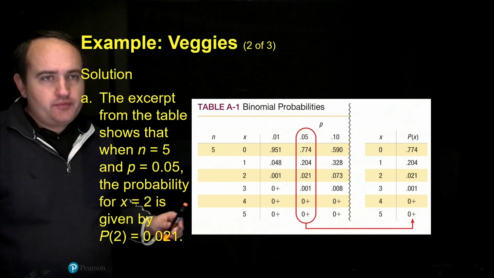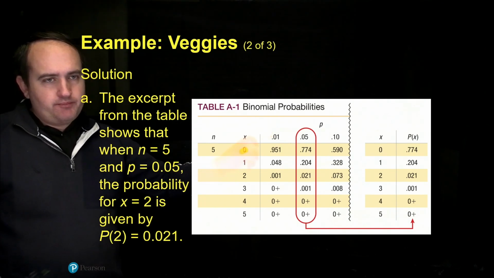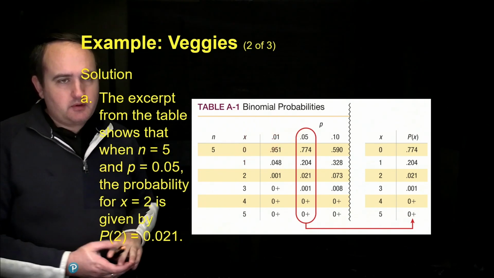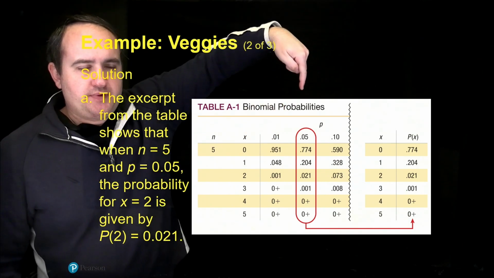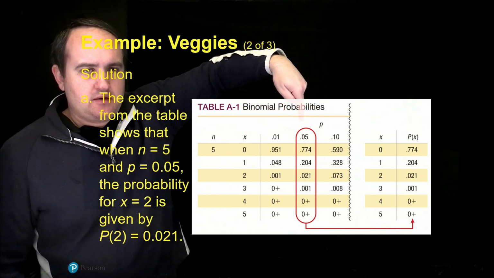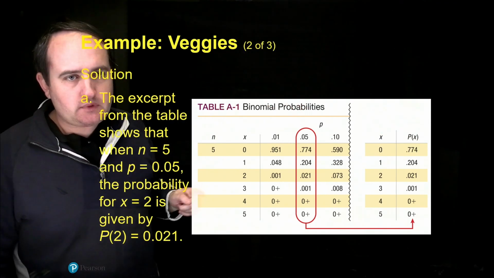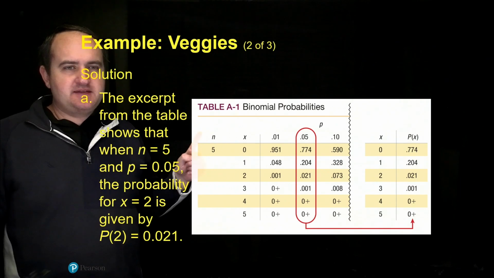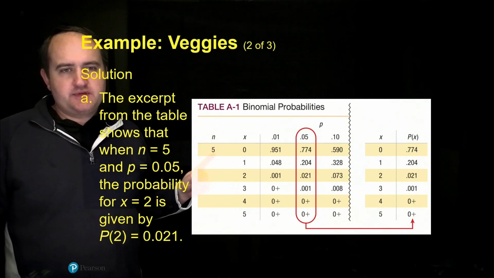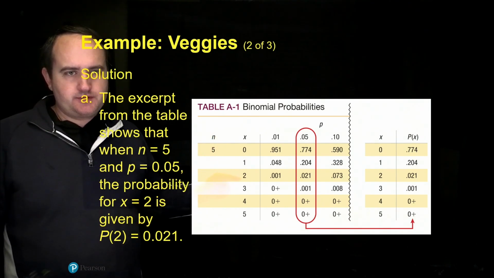Well, if you're using table A1, you would just look for P on the top here, so where P equals 0.05, that would be your column. And then on the left side, you look for N is 5, and then we said that X was 2. So here's 2.